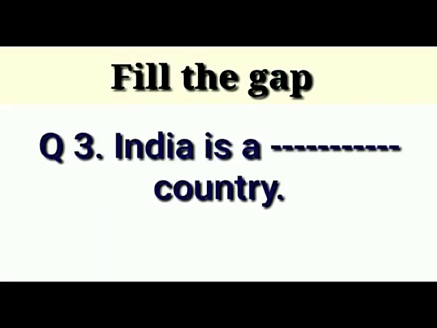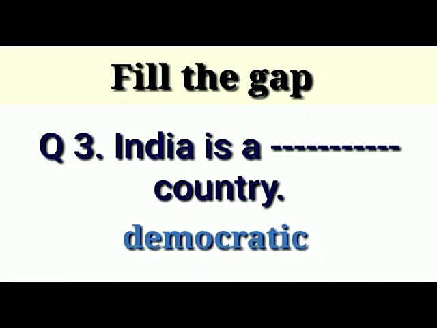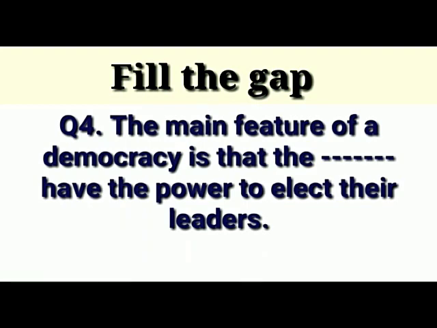Next question is India is a dash country. Answer is democratic. India is a democratic country. Next question is the main feature of a democracy is that the dash have power to elect their leaders.